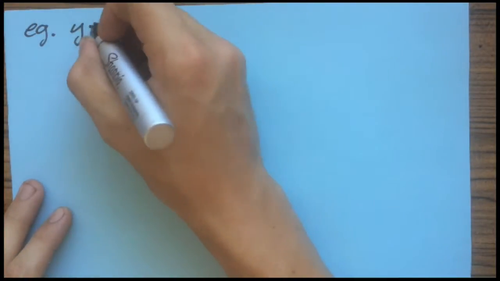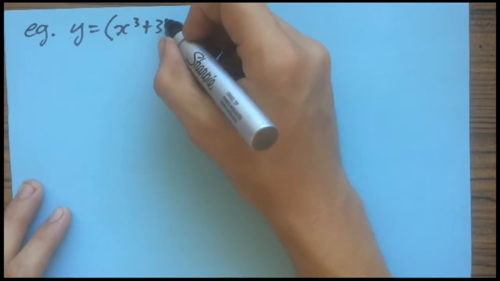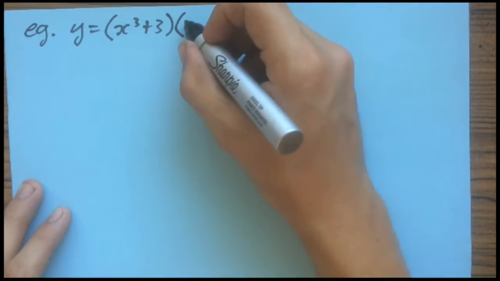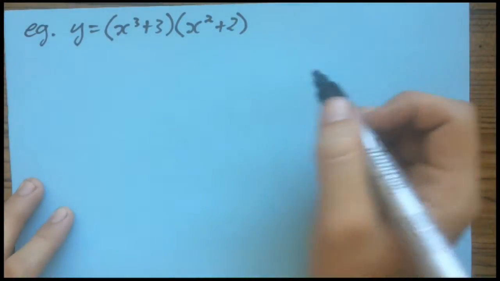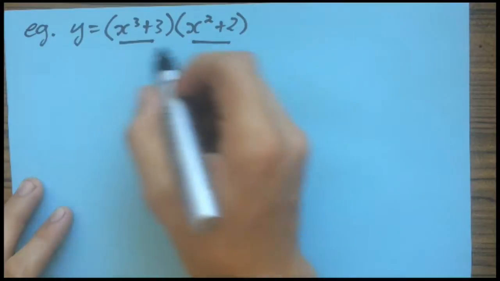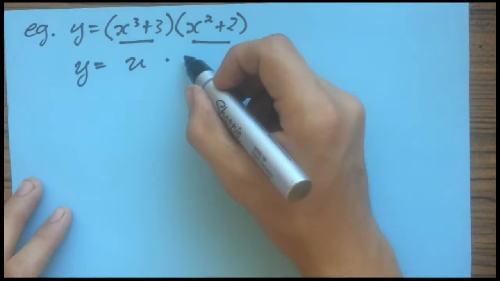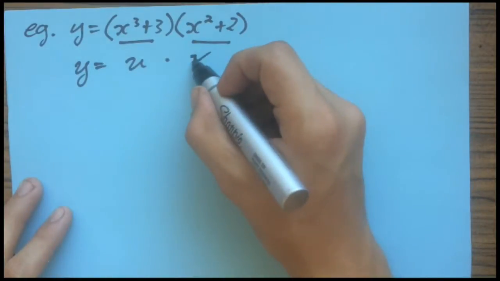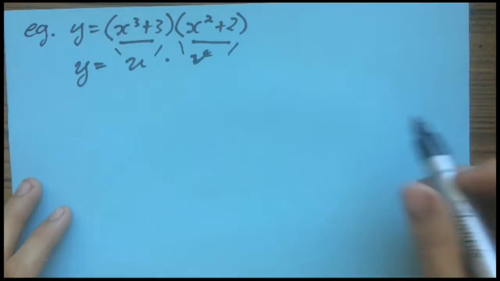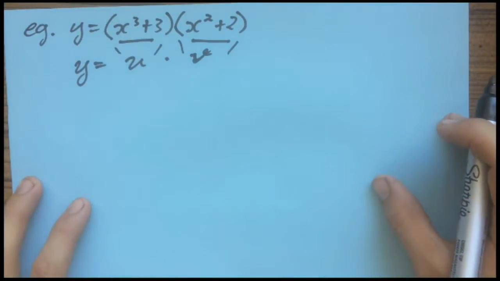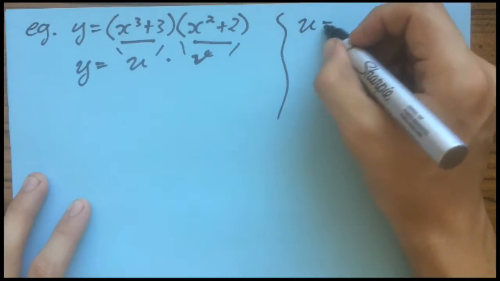we'll have y equals x to the power of 3 plus 3 multiplied by x squared plus 2. So here again we still have two functions. If we put the formula under it, it's u multiplied by v. Separate the page anyway and rewrite it.